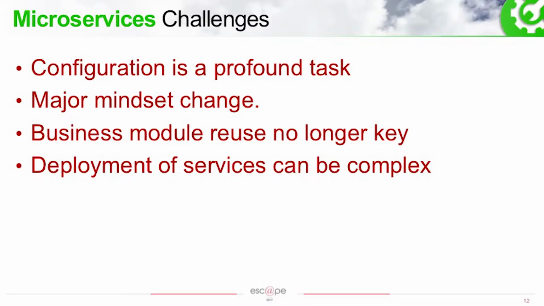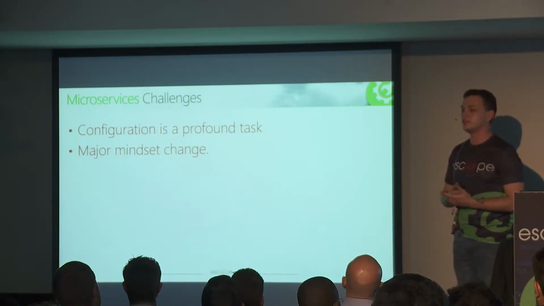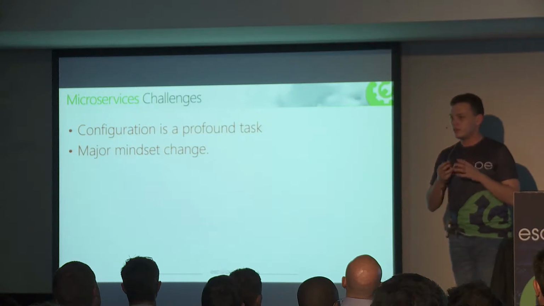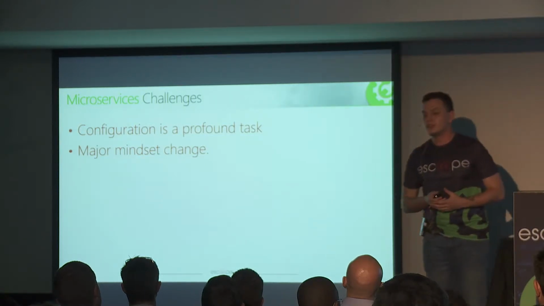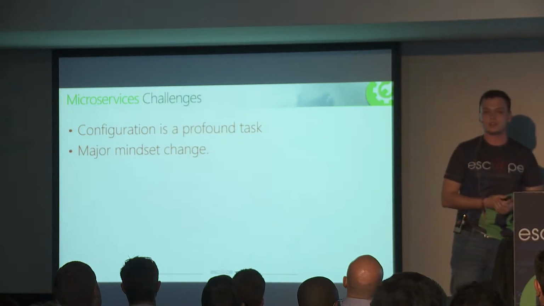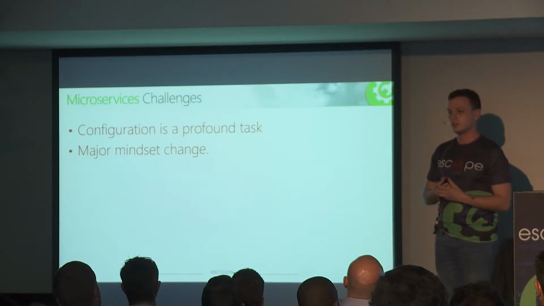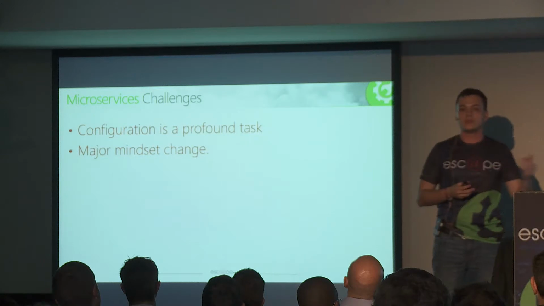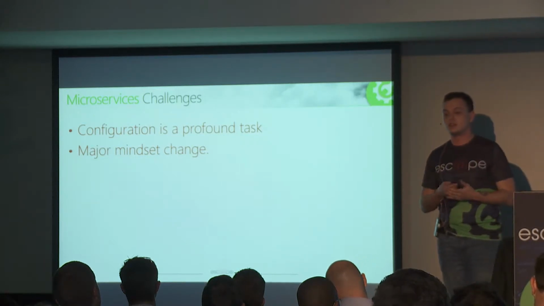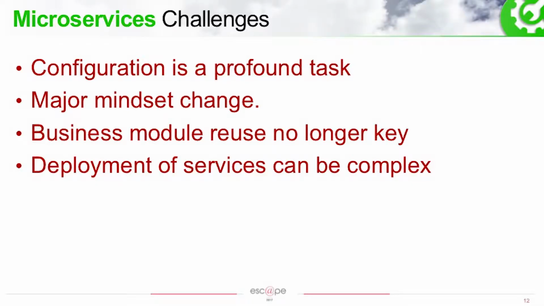It's also a major mindset change, developing microservices. Because if you get the challenge of, I need to develop this piece of business functionality, I think of the whole process as one thing. With microservices, you need to determine what is called service boundaries, where it tries to encompass that single responsibility principle, where I might need to work together with 2 or 3 microservices to accomplish this piece of business functionality that I need to develop.